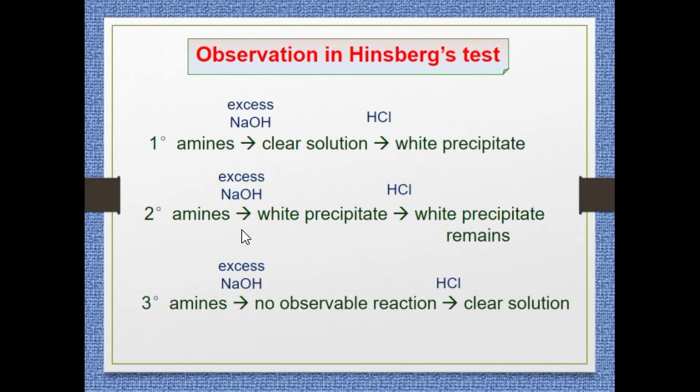For secondary amines, the first step will give white precipitate, and the acidification shows that the precipitate remains. Whereas for the tertiary amines, the first step gives no observable reaction. Then the acidification will form clear solution.